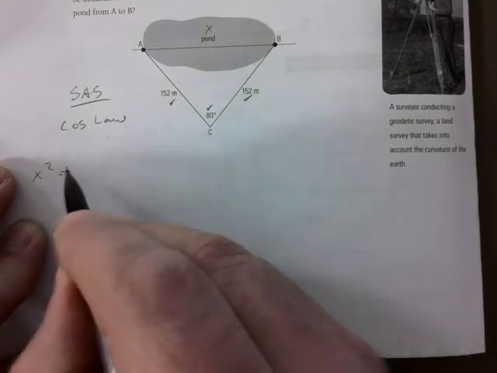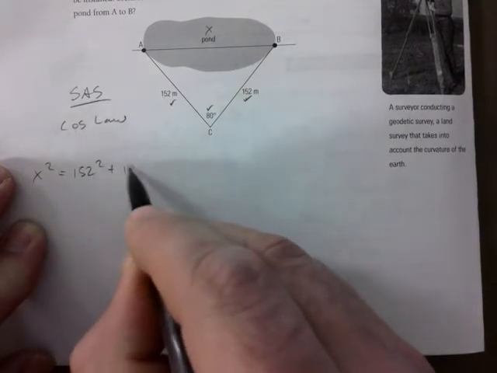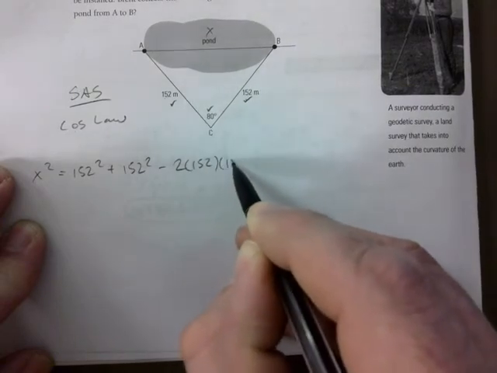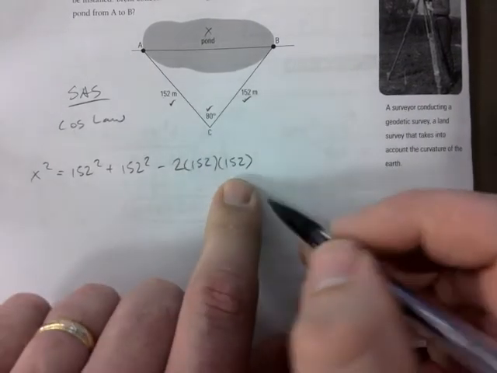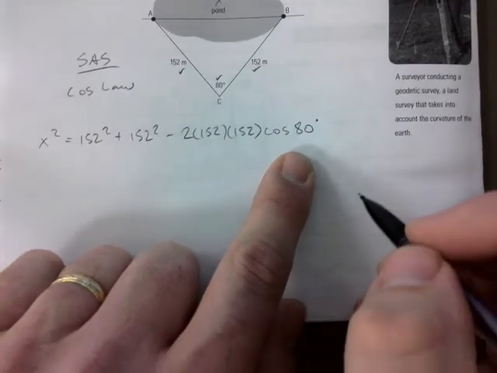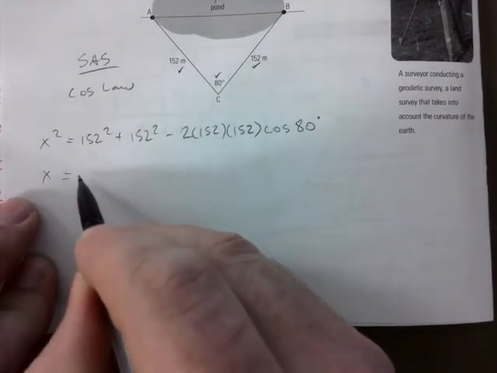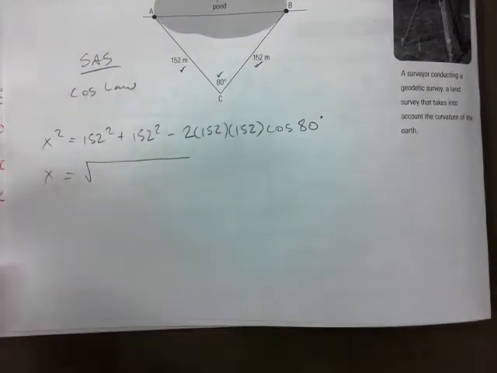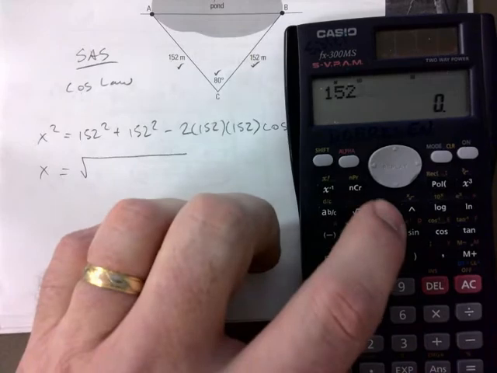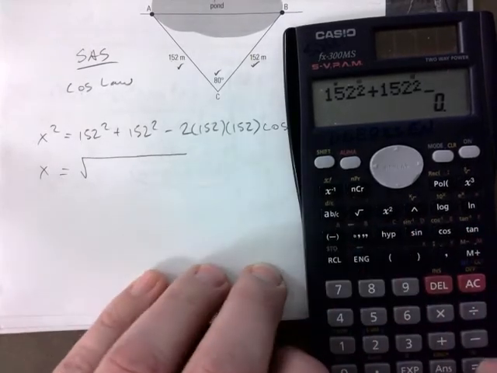So x squared is 152 squared plus 152 squared minus 2 times 152. This is a lot of 152s, right? It's to throw you off a little bit, but that shouldn't. Okay, so x is equal to the square root. I actually need to do this because I don't have this on my key right now. It's going to be a big number.